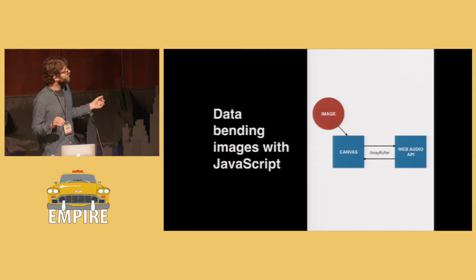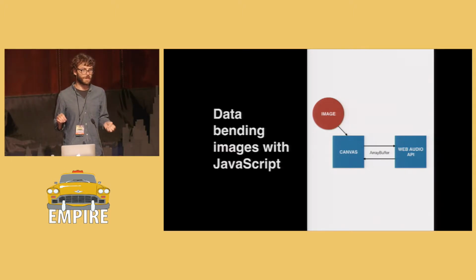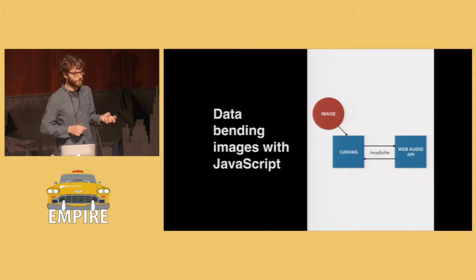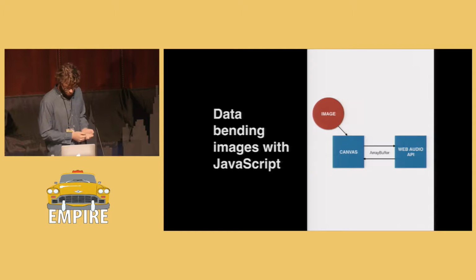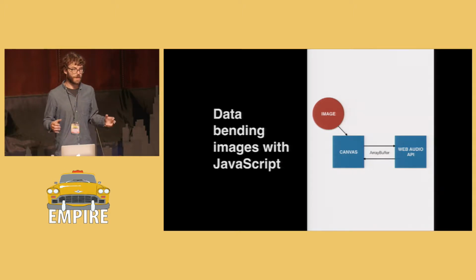So what we do is we take an image, we get image data, and convert it into an audio buffer because we have the raw data, and with typed arrays we can create whatever type of array is needed for that input. And then we pass that audio buffer from the Web Audio API into an offline audio context, which then allows us to apply a bunch of different effects using an audio graph.